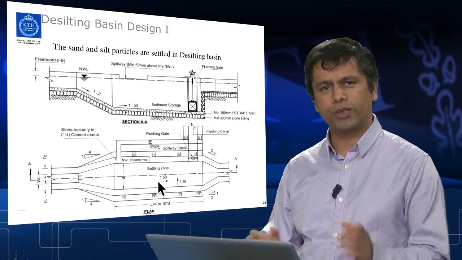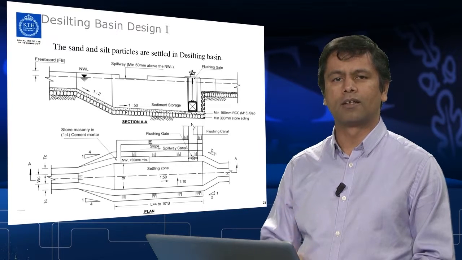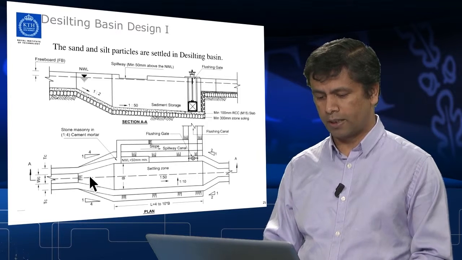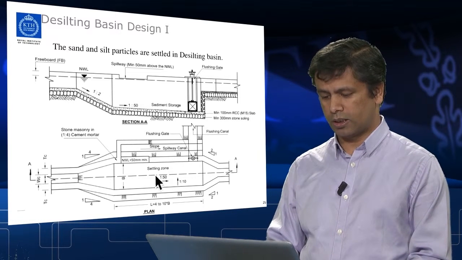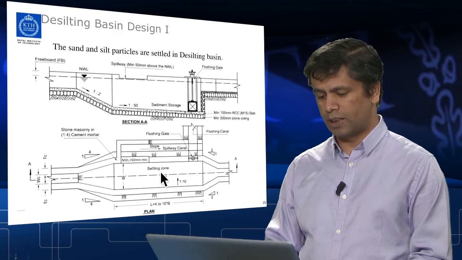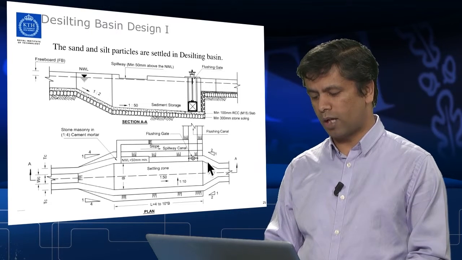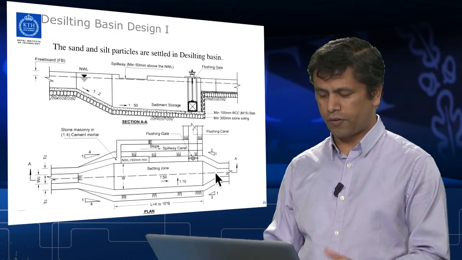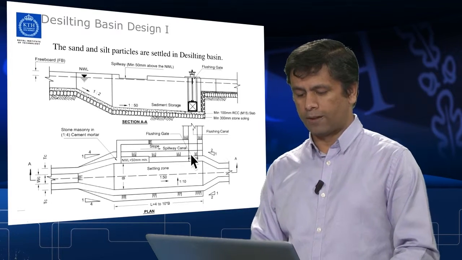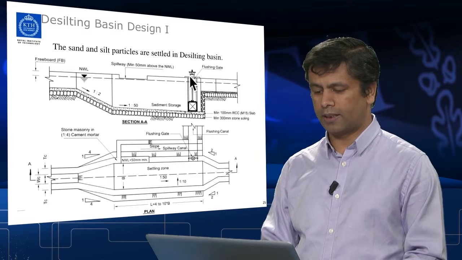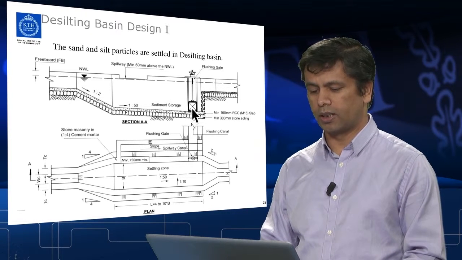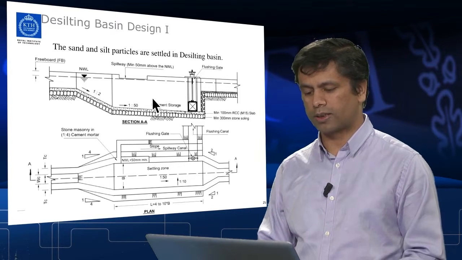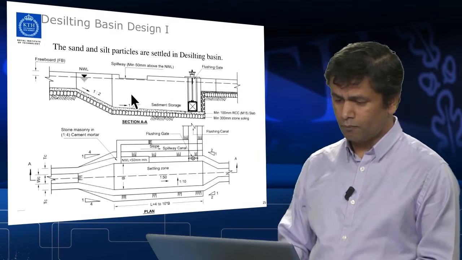So we want to gradually reduce the velocity of the water and then settle down the particles that have been carried by the water. This is the settling zone where all the sediment is deposited. Then you have the outlet channel, which again has a contraction of 2:1. We also have a flushing gate to flush the deposited sediment, and we provide a spillway if excess water is coming into the desilting basin.